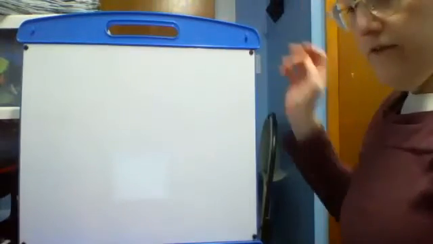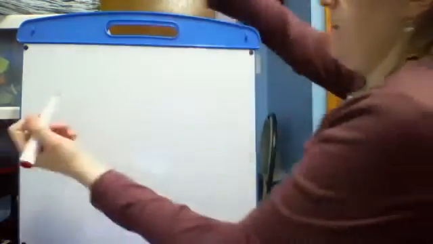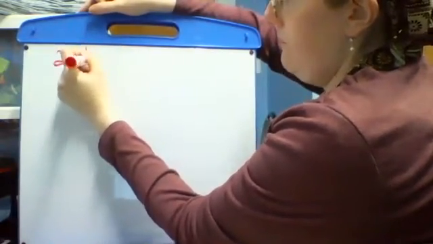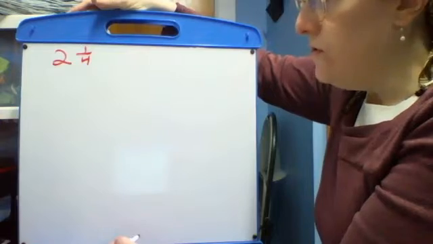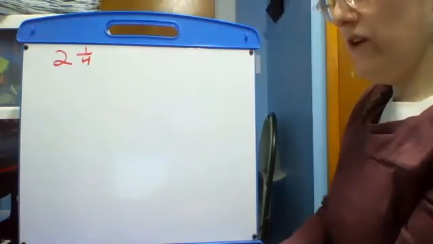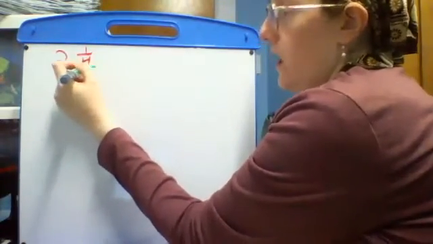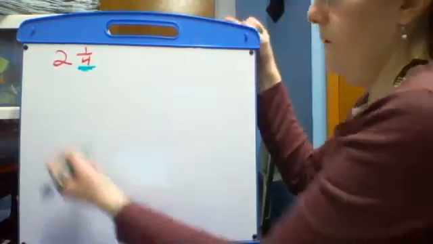Let's say I give you the mixed number 2 and 1 fourth, and I want you to change that to an improper fraction. Well, again, we're always going to start off looking at the denominator, because the denominator tells me how many pieces make the whole. 4 pieces make the whole.